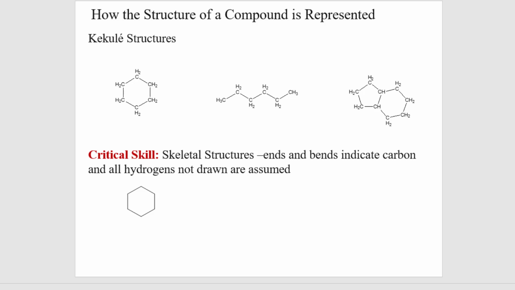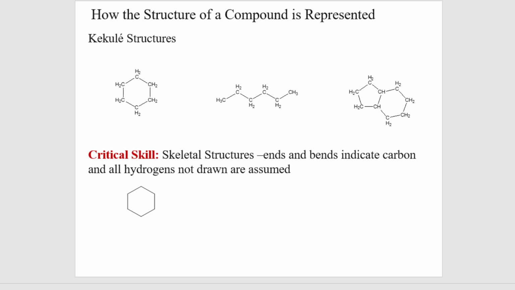So what we want to do is start representing molecules using skeletal structures. This combines Kekule structures, where we don't necessarily write the lone pairs, but we also do one more thing. We also stop writing hydrogens. Hydrogens tend to be the placeholder on carbons when the carbon has an octet and the carbon is bound to an oxygen or a nitrogen.